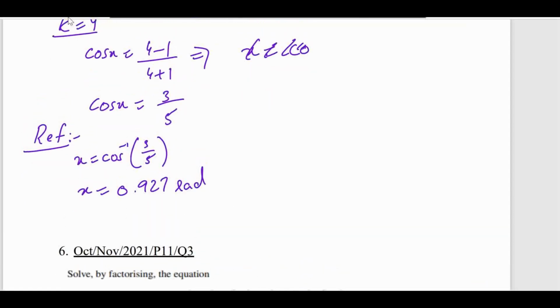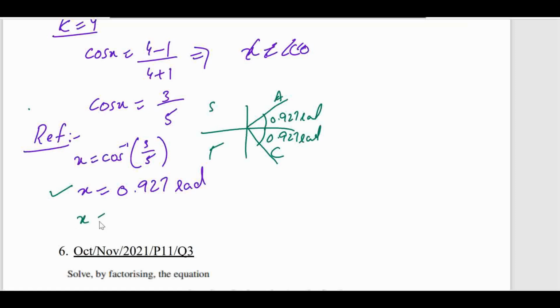So let's find out the other value. For the other value we have to use CAST, C-A-S-T, and here cos is positive. So cos is positive in these two quadrants. This one is 0.927 radian, and this one is 0.927 radian. So one angle is this one, and the other angle will be 2 pi minus 0.927.